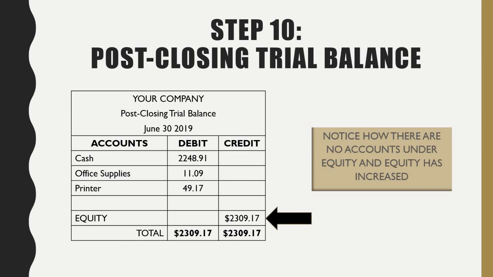And if you do end up getting the same number for equity, then your post-closing trial balance should equal your total debits with your total credits. Okay, and then therefore, if that is even, then you have completed all 10 steps of the accounting cycle. And then when you start your new accounting period, you're going to start the cycle all over again. Okay?